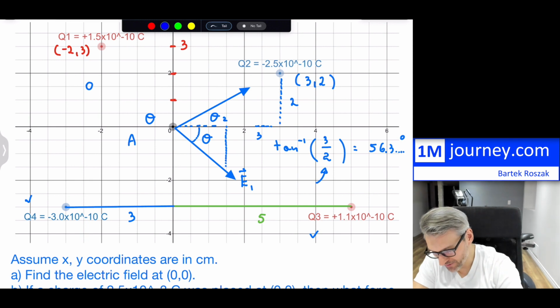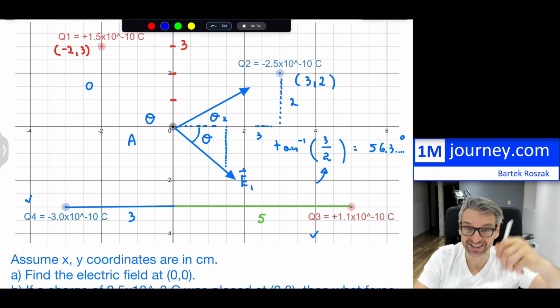If you wanted to have it at this point, or this point, or this point, you would have to do this calculation all over again for every single point, because the electric field will point differently at different points since it's a different distance to all of the charges. They will not do that for you unless you start utilizing some major software, but not if you're foundationally learning about this.